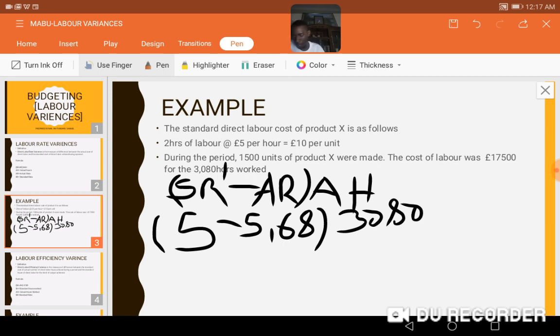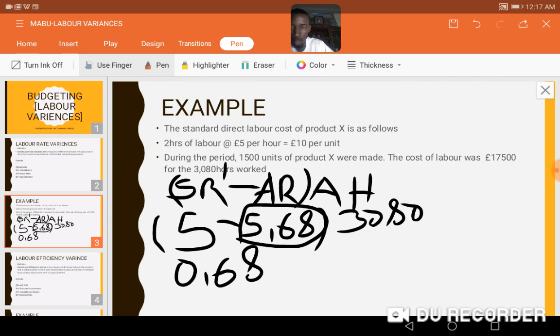So 5 minus 5.68 gives 0.68 something, because remember this figure is rounded.